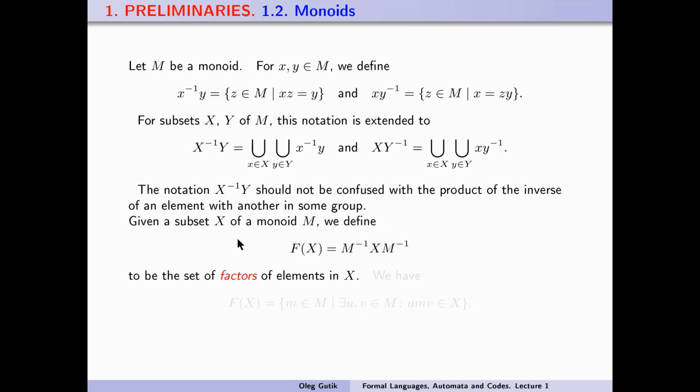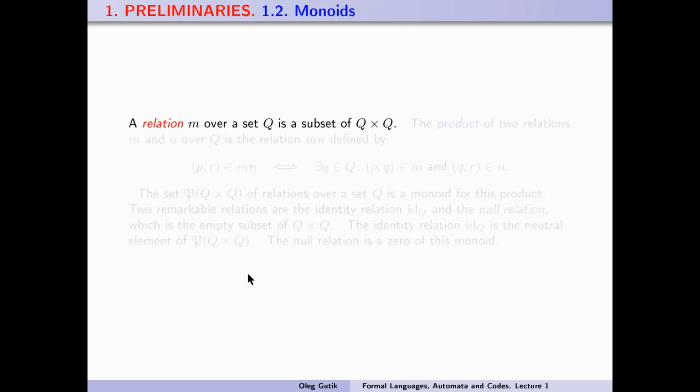Also, for a given subset X of a monoid M, we define F of X, the set of factors of elements in X. Of course, F of X consists of such elements m of the monoid M that there exist u and v from M such that u m v belongs to X.